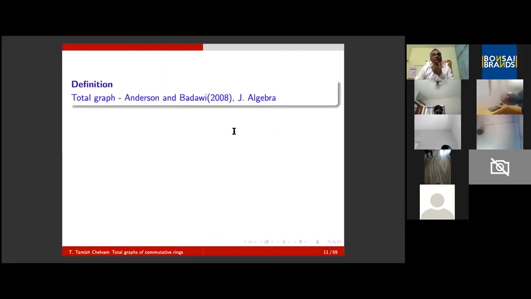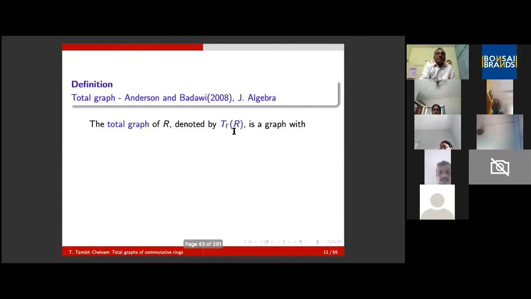And in the year 2008, Anderson and Badawi, in the Journal of Algebra, introduced a graph called the total graph. Please recall that the zero divisor graph was introduced in 1988 by Istvan Beck. In 1992, Anderson modified the definition. Some 15 years later, this graph was constructed as a total graph. So R is a commutative ring.